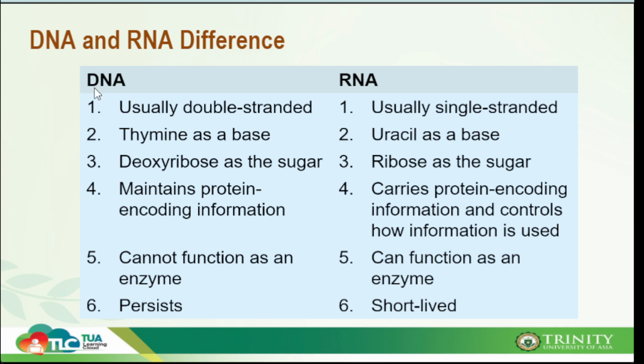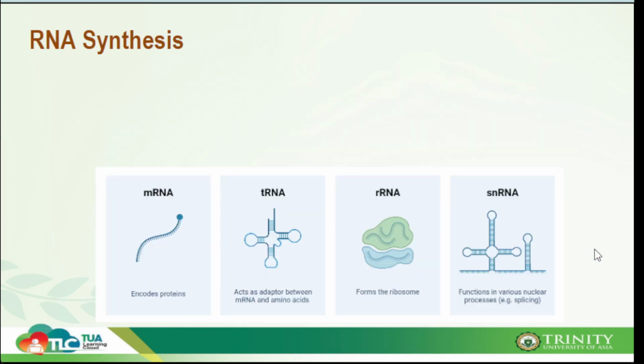Your DNA contains protein encoding information, while your RNA also has protein encoding information, and it controls how the information will be used. DNA cannot function as an enzyme, while RNA may function as an enzyme. Your DNA will persist while your RNA is short-lived.